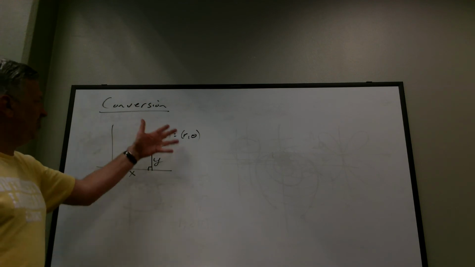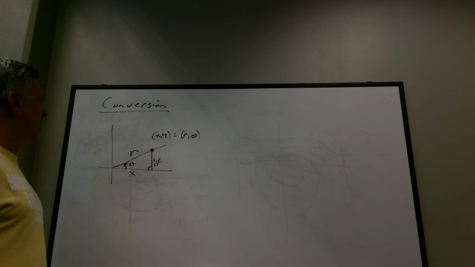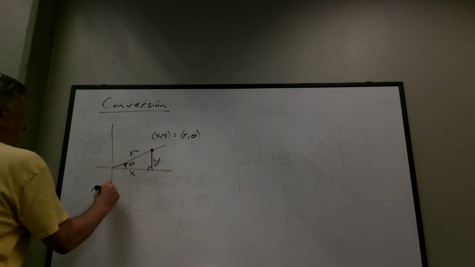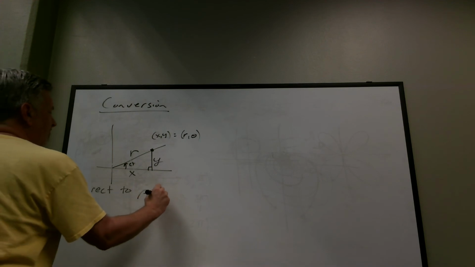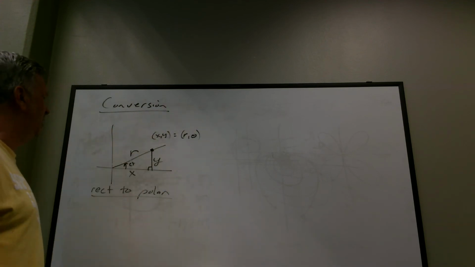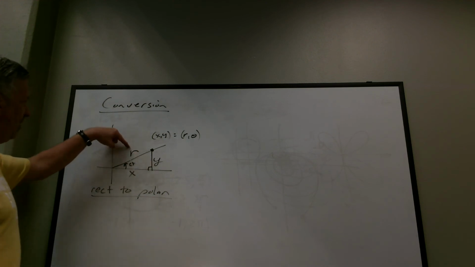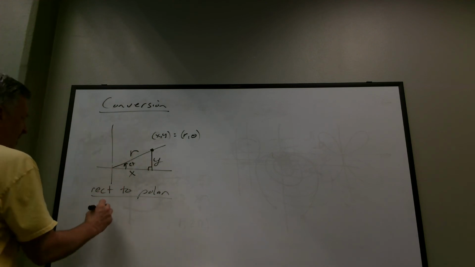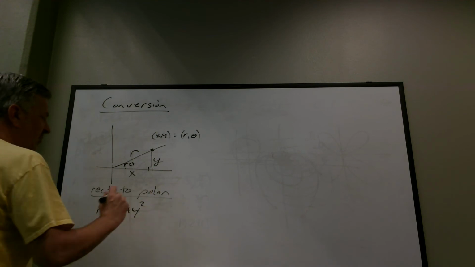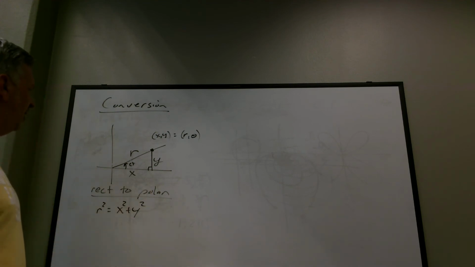So what's the relationship between these? Suppose you knew x and y and you were trying to figure out r and theta. If you know x and y, you can get r very easily. This is a right triangle, so r squared would be x squared plus y squared. Just use the Pythagorean theorem, and you can find r.